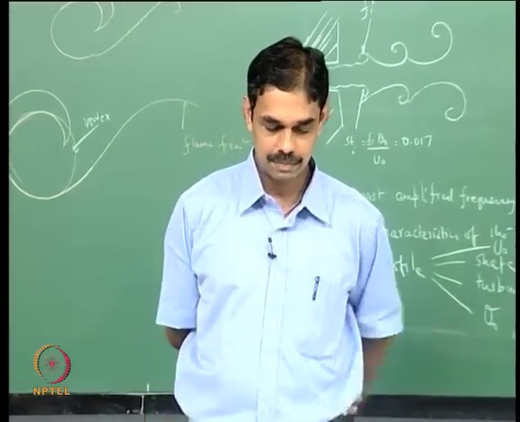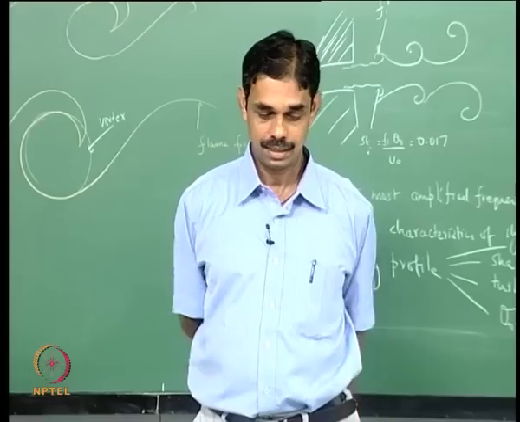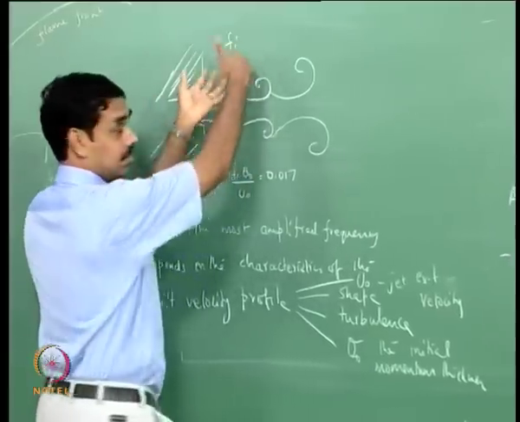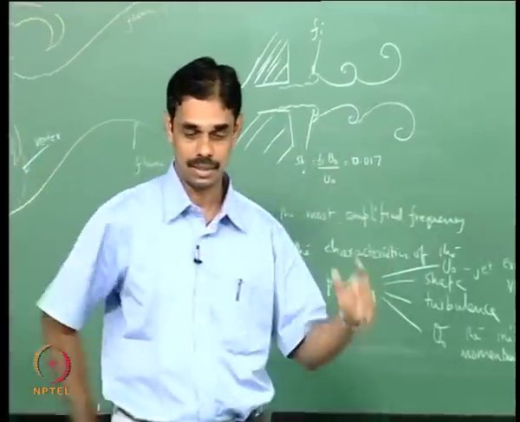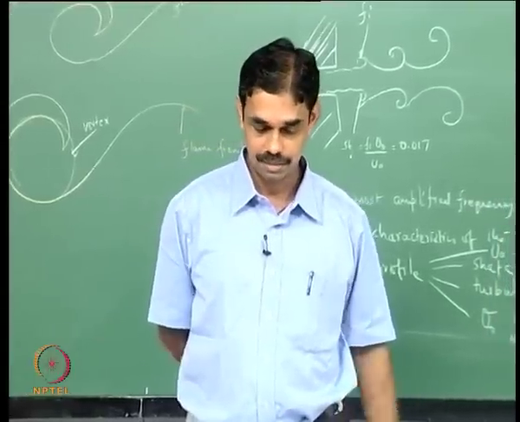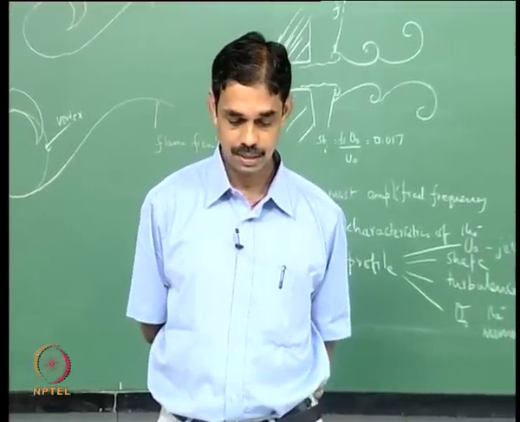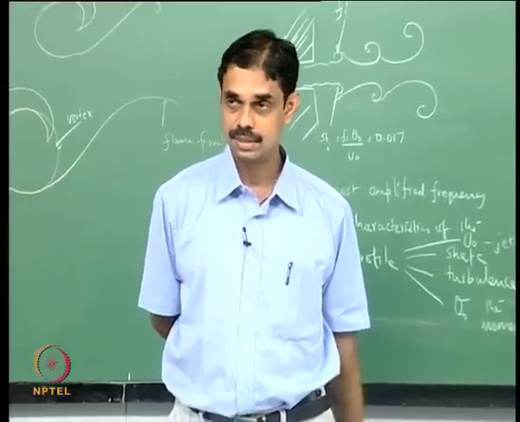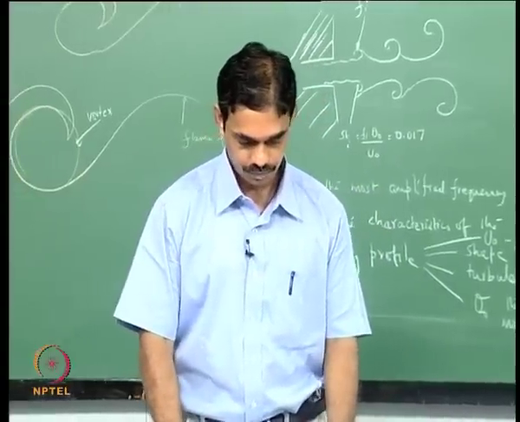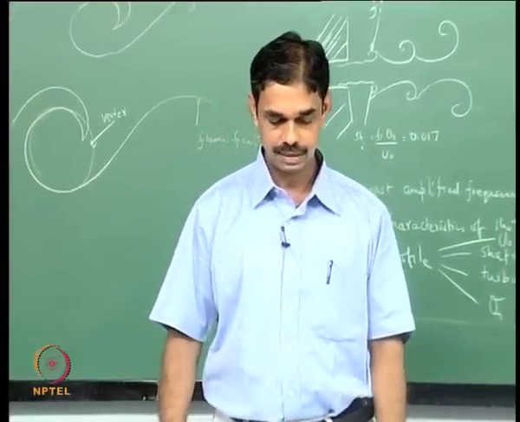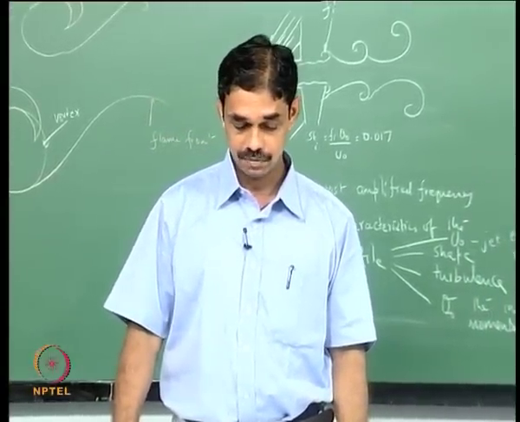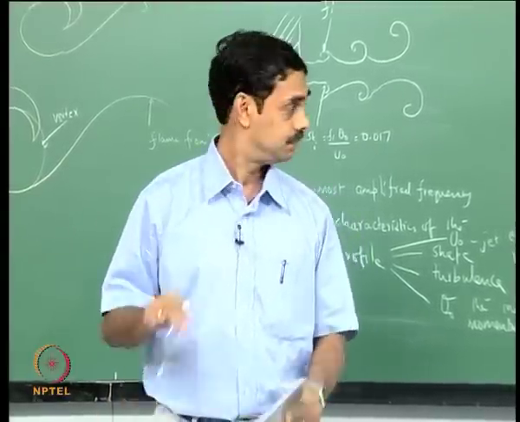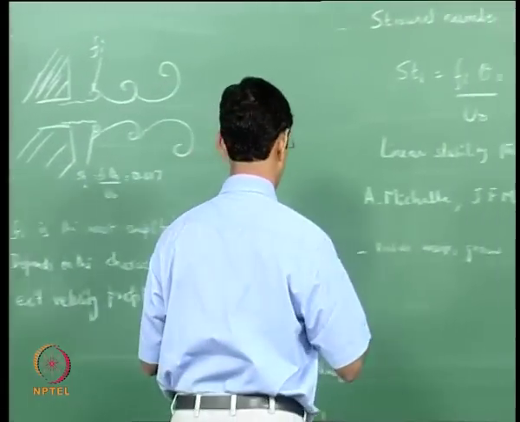So due to merging and entrainment, the shear layer will also start spreading, because it is going to entrain air from the surroundings, and this vortex structure is going to get big, and the vortices are merging, so that also makes it big, and the frequency associated with the dominant large vortices decreases. So in the shear layer of a jet, several vortex interactions can occur before the end of the jet potential core. So let me write this.